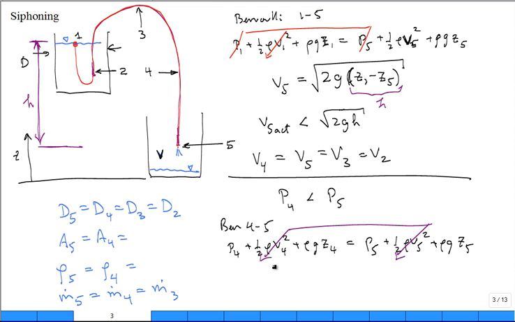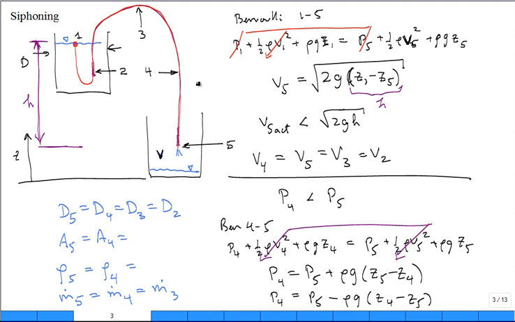And so P4 is equal to P5 plus rho g (Z5 minus Z4). Well, Z5 is less than Z4, so maybe I want to write it as minus rho g (Z4 minus Z5). So P4 is less than P5 by rho g times this elevation difference.